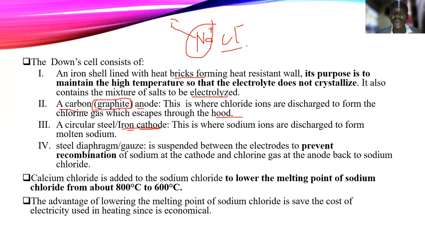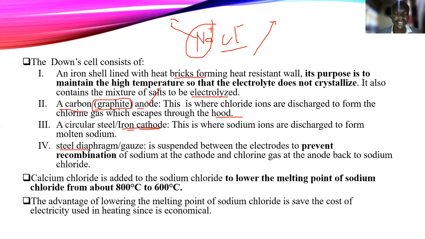Then we have the chloride ions, which are negatively charged. They migrate towards the positively charged electrode, which is the anode. You should know that.